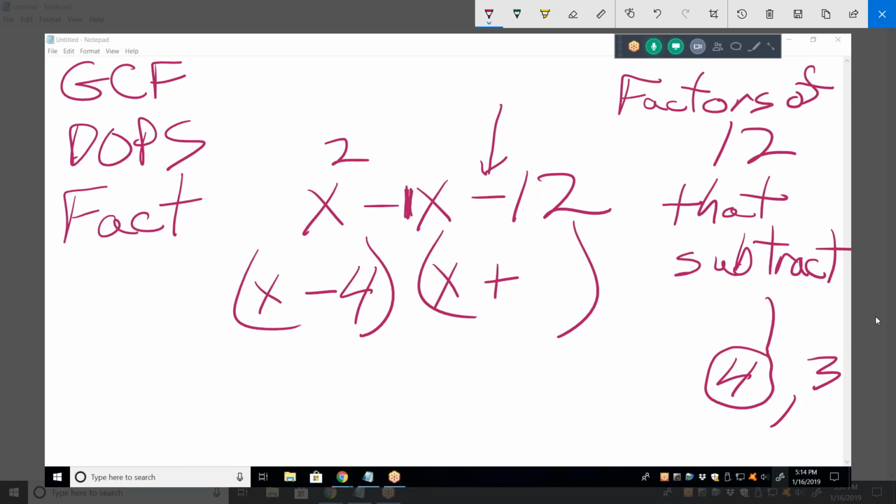So the 4 goes there, 3 goes there. That is factoring in a nutshell at the easy level. And that will cover probably 90% of the problems they're going to give you or test you on. It really will.